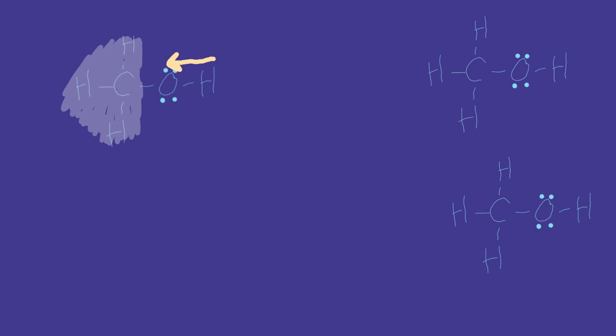So this is going to be the negative end, and this is going to be the positive end. And it's true that this carbon will get a little bit positive because of the overall pole, but generally we just worry about the O and the H. We just leave the CHs alone. So now this part of the molecule has a very different intermolecular force.